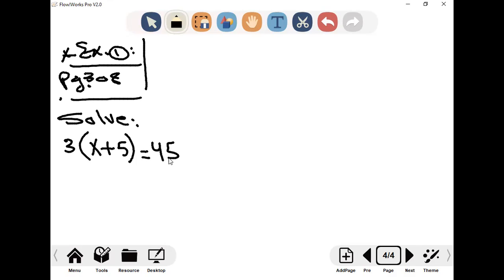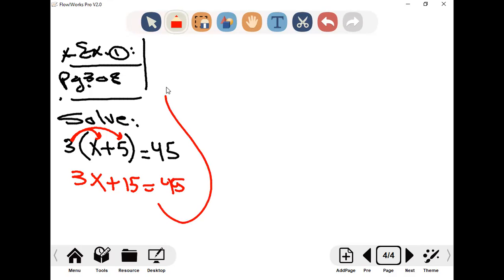First step, we distribute the 3 inside the parentheses by multiplying. So 3 times x, 3 times 5, equals 45. Right? Now we have two steps. Shift the 15, divide by 3. x will be 10.